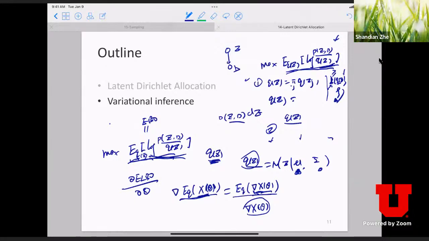As long as you guarantee that your stochastic estimate of the gradient is unbiased, meaning that its expectation is the original, exact gradient, then you can use this stochastic gradient to conduct optimization. This is called stochastic gradient descent. But for this case, because we're doing maximization, it's called stochastic gradient ascent.